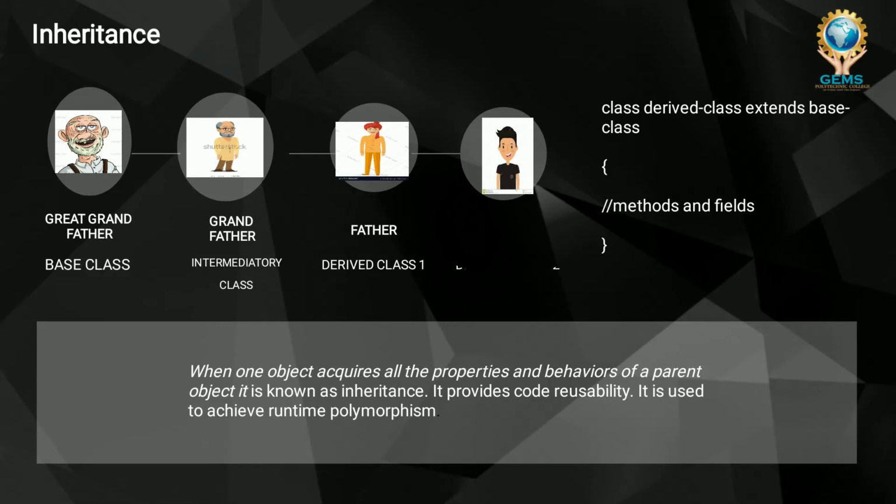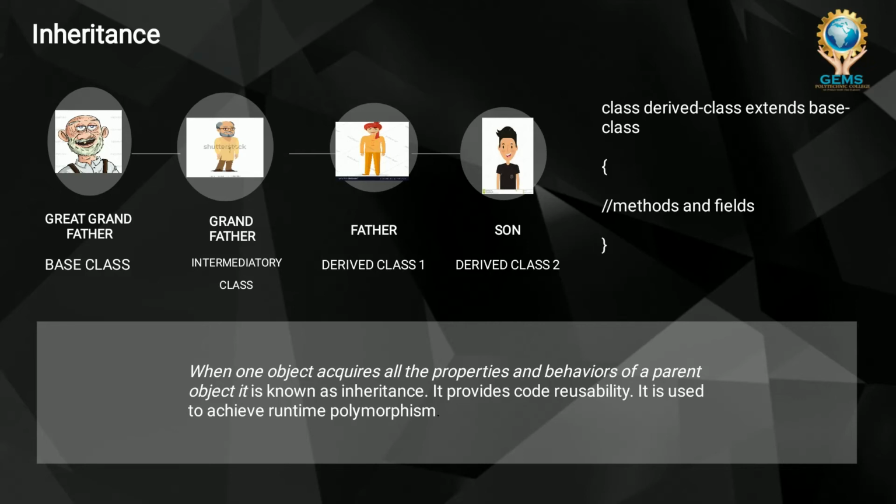Here is one example to understand this concept: great grandfather, grandfather, father, and son. These have a connection. The grandfather provides something to the father, and the father provides something to the son. So it is a chain reaction, sharing and supplying properties from one place to another. This is called inheritance: passing the properties from parent to child.